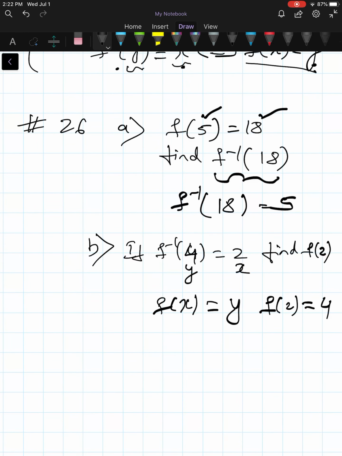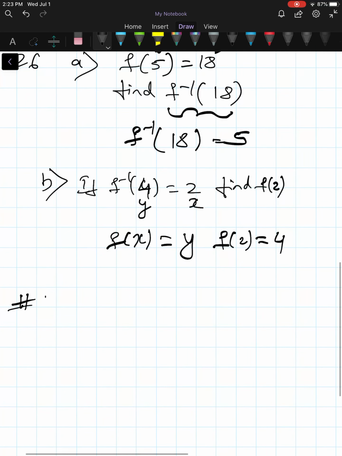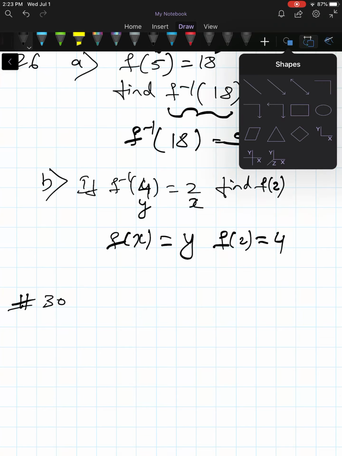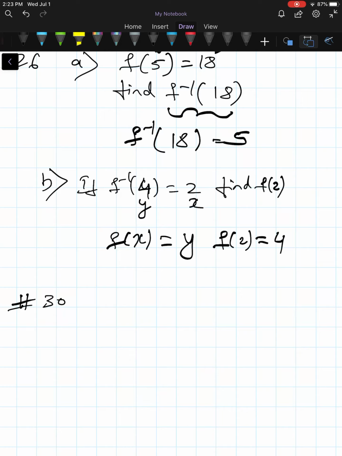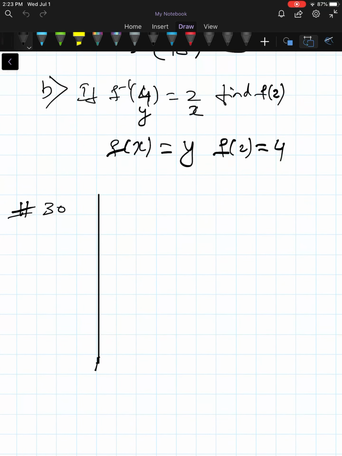We can identify this using the graphical method too. So that would be number 30 in the book. I don't know how far I'll be able to draw the graph with perfection. I'll try.